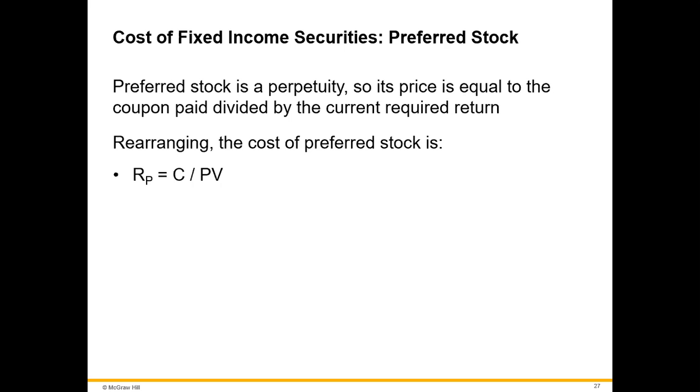So that means each year they'll have to pay interest of $10, which will be deducted on the tax return. $10 times 21% is a $2.10 tax savings. So that means although they pay $10, they save $2.10 in taxes. So they really are only paying $7.90 overall for that debt.